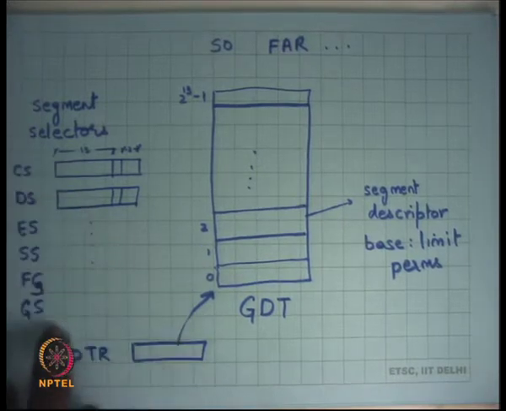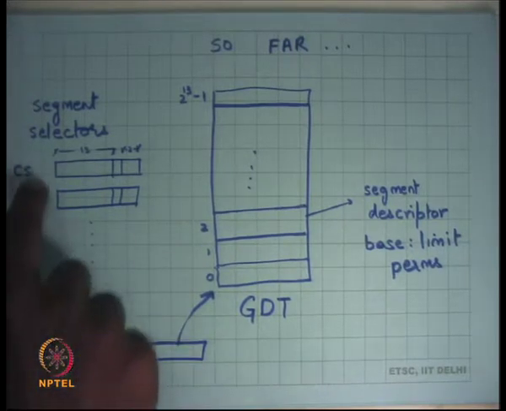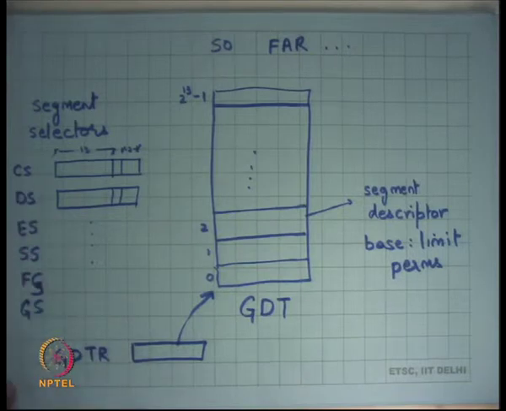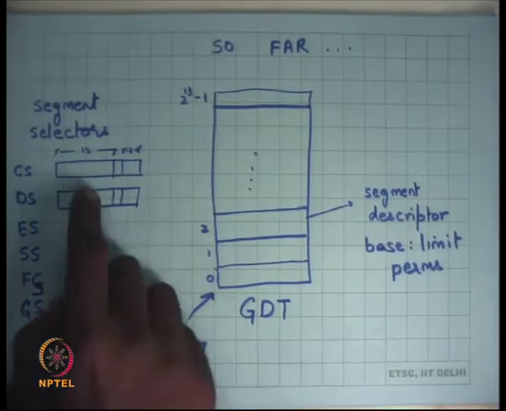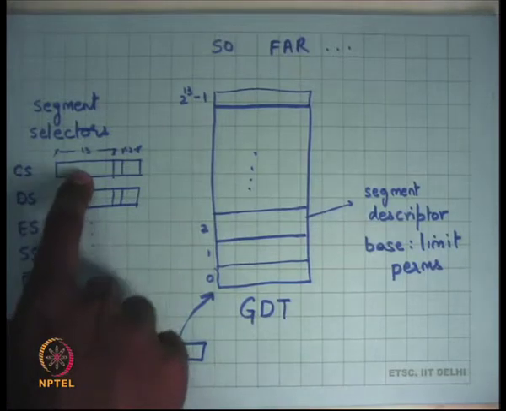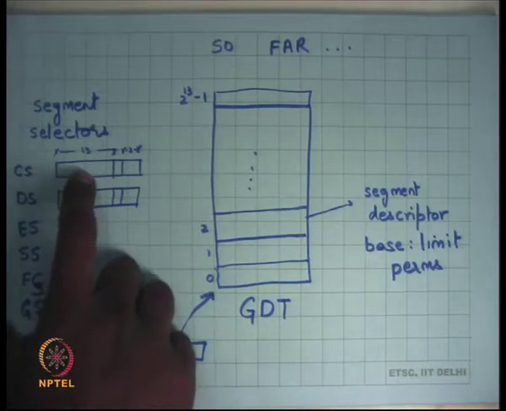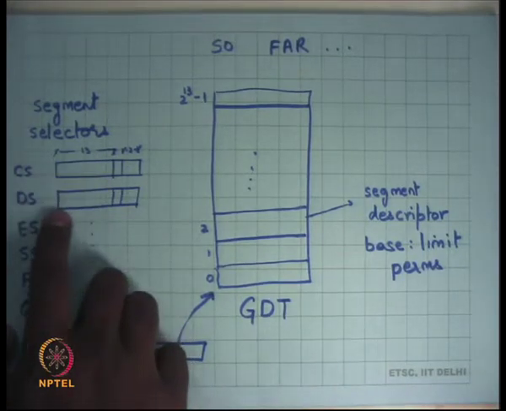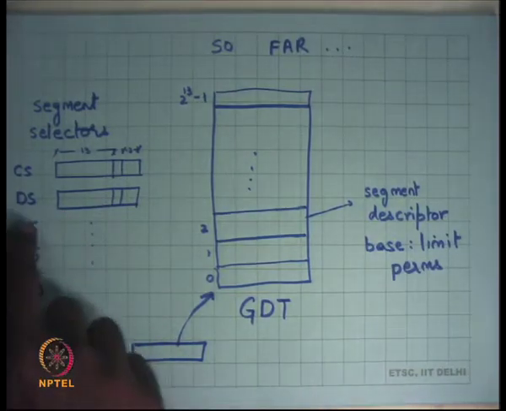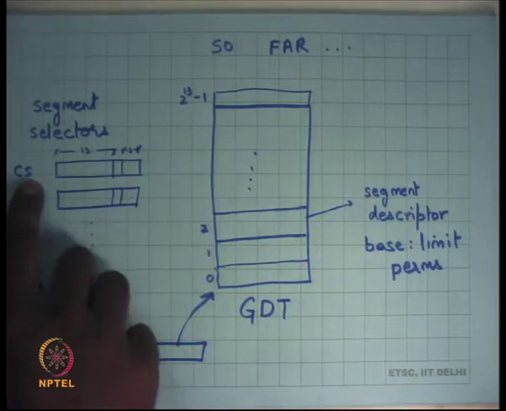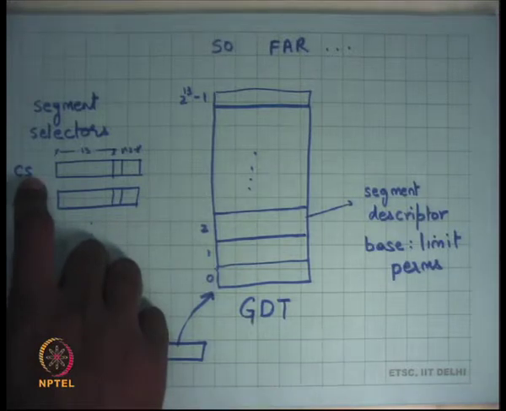Now these registers, code segment, data segment, etc., are called the segment registers, and within them they store the segment selectors. Depending on the instruction, a virtual address will choose one of these registers. For example, if you are dereferencing the instruction pointer, you will go through the CS register.